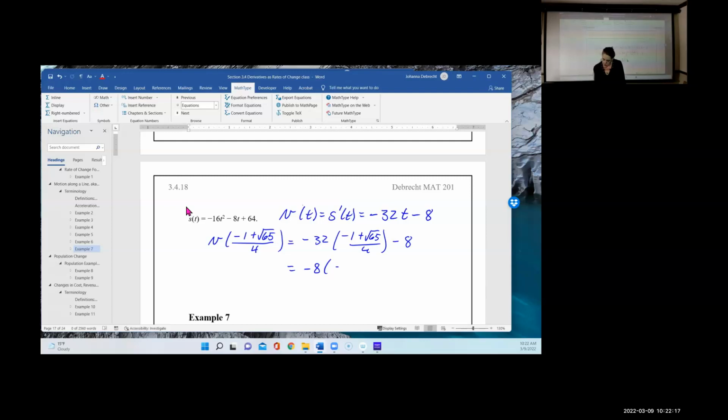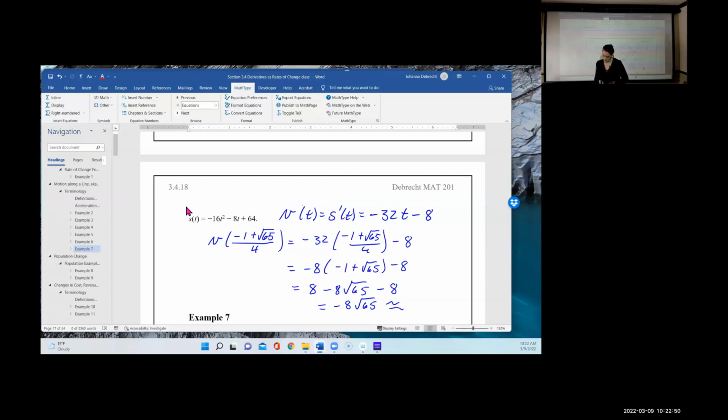And then I can distribute this across what's left. And this gives me 8 minus 8 square roots of 65. Did I do that right? Minus 8, and then the 8's cancel, and I get negative 8 square roots of 65.